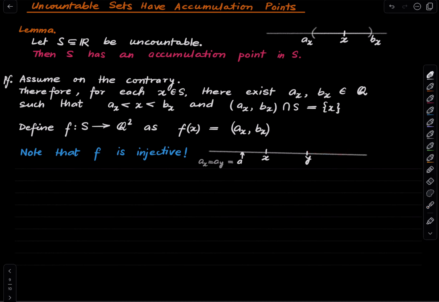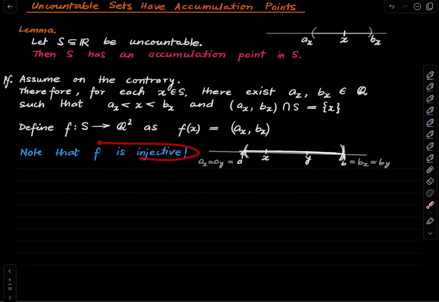Let's call that b. And now this interval, which you can think of as (ax, bx), or as (ay, by), intersects S in two different points, both x and y. But that is contrary to the choice of ax and bx. Ax and bx intersect S at only one point, namely x.